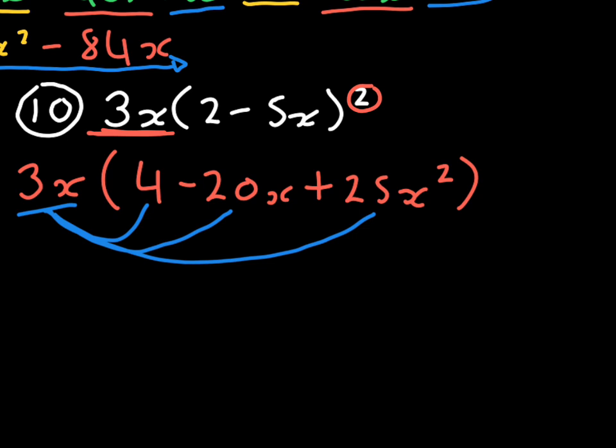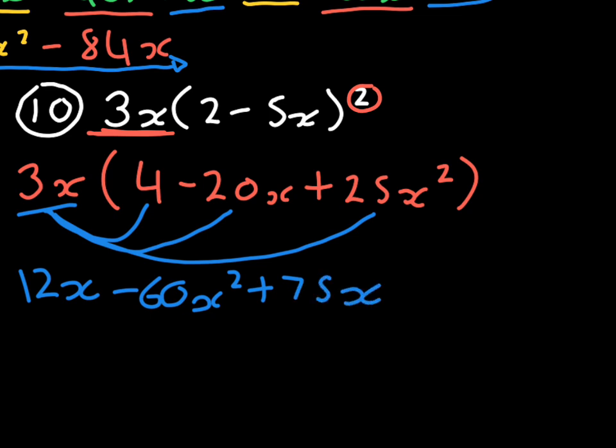So 3x times 4 gives us 12x. 3x times minus 20x gives us minus 60x squared. And lastly, 3x times 25x squared gives us plus 75x cubed.